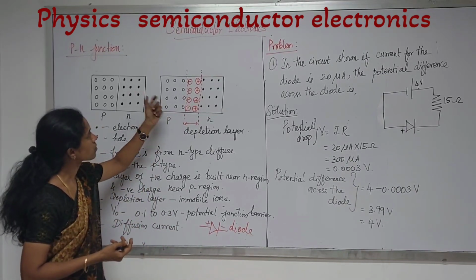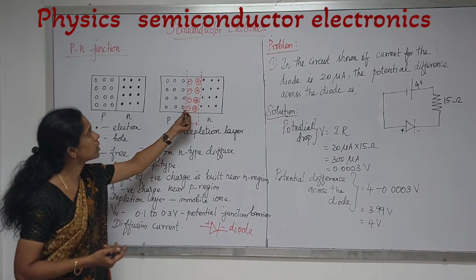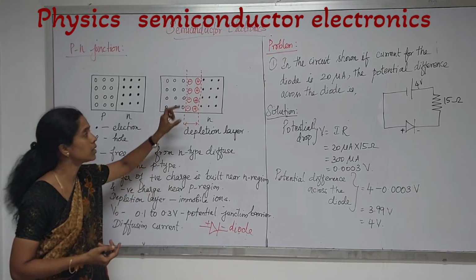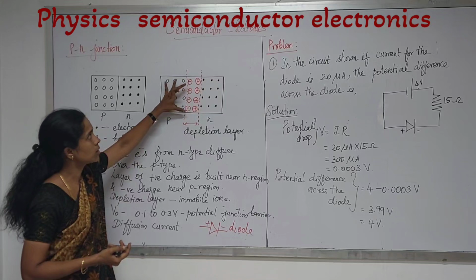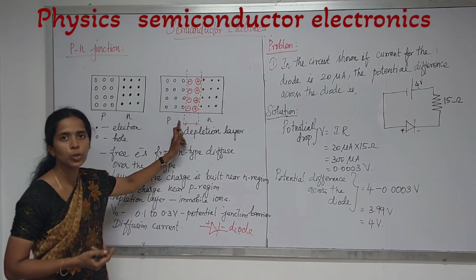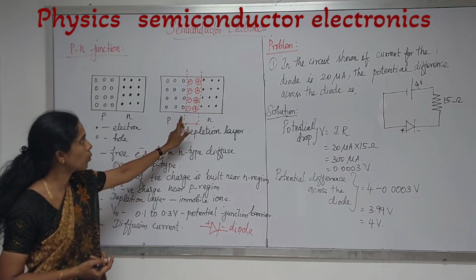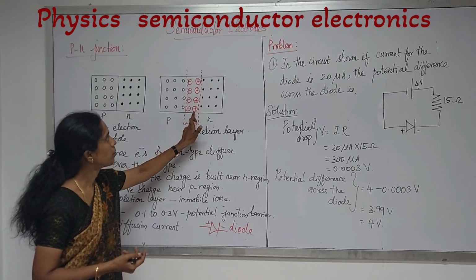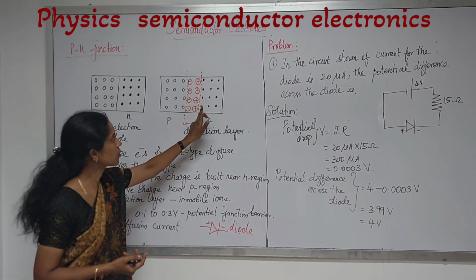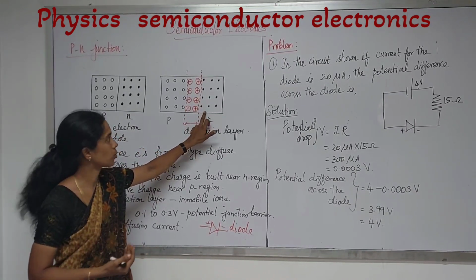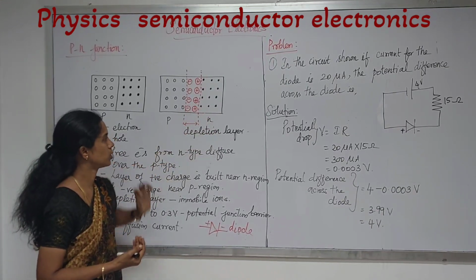Here the negative charge carriers, that is the electrons, are formed nearer to the p-type, that is the hole region, and the positive charge carriers are created nearer to the electron region, that is the n region.